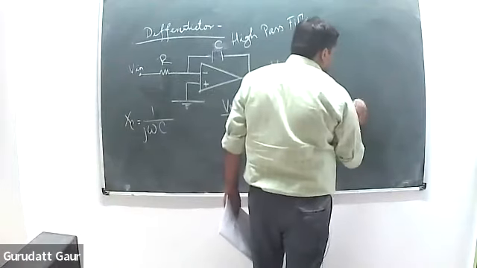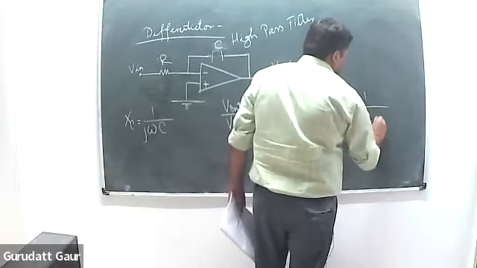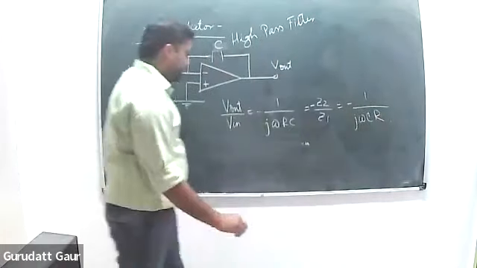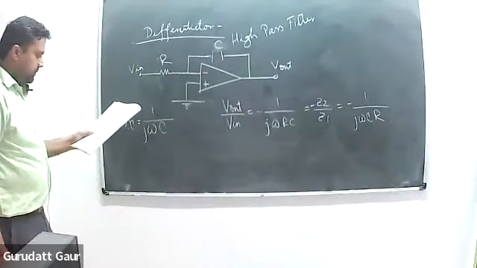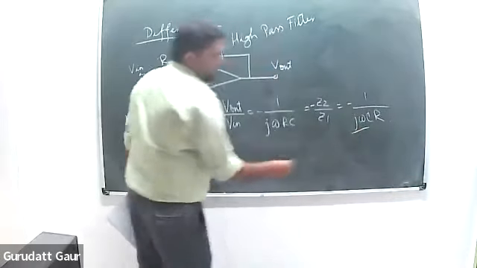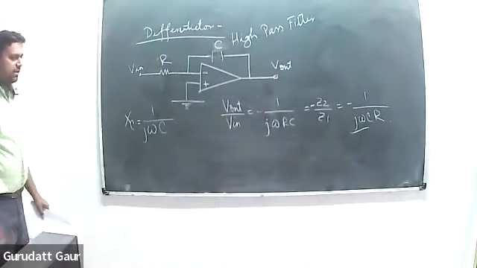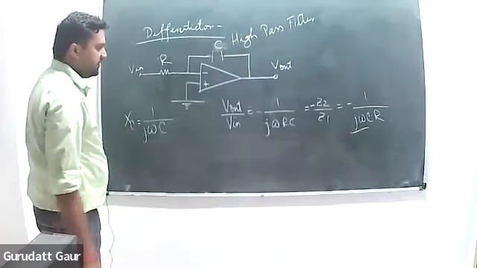So Z2 is nothing but 1 upon J omega C, and R is already in the denominator. So now J omega is in the denominator, which is the inverse of J omega in the numerator. And we know that integration is the inverse operation of differentiation. So this will give you the integration.